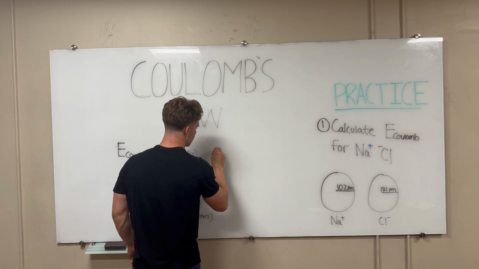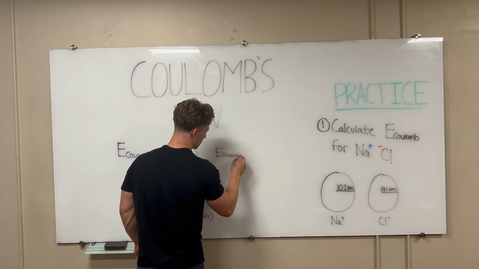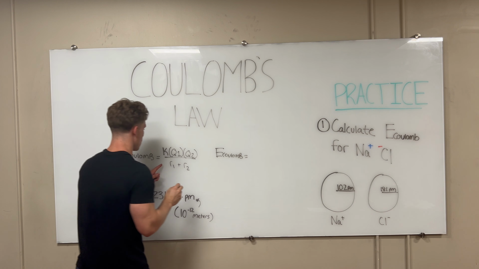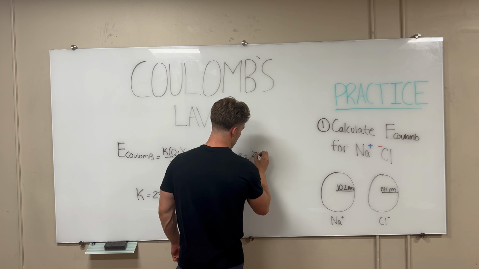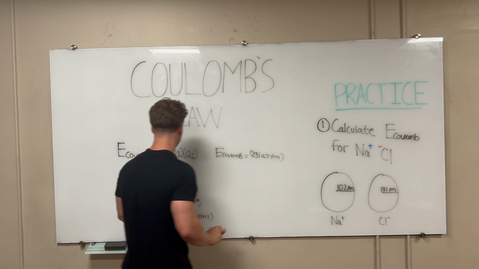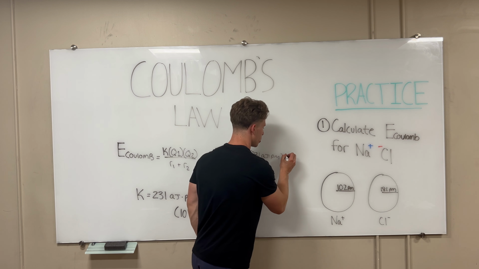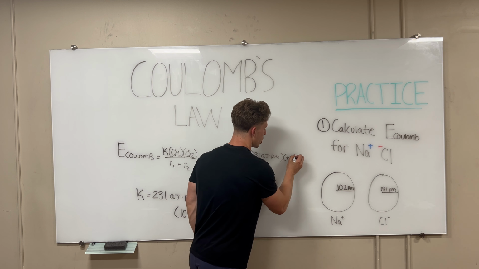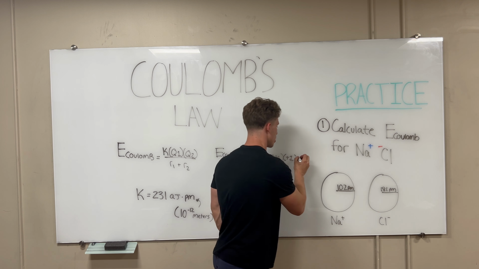So E Coulomb is going to be equal to K, which is 231 attajoules times picometers. Now the charge of the first thing is sodium plus, that's a +1 charge. The charge of the second thing is chlorine minus. That's a -1 charge.